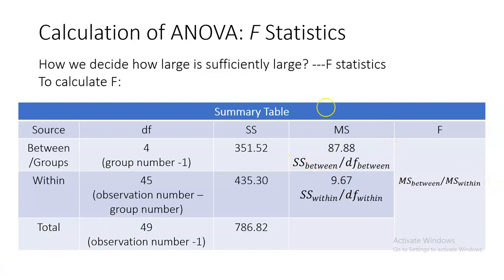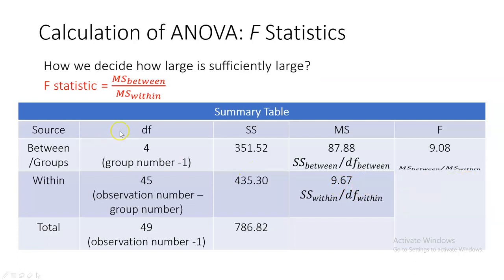So we're gonna divide this 87.88 by 9.67. That is our F value. Okay, so our obtained F value is 9.08. Sorry for the messy writing, but I think you can tell it.